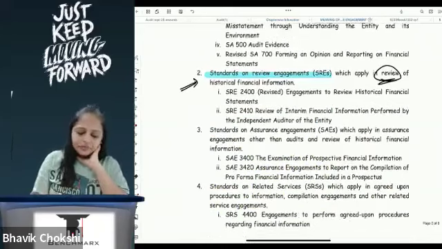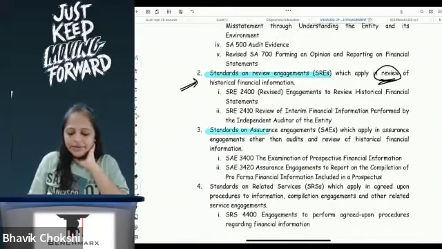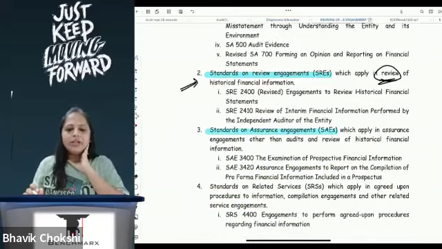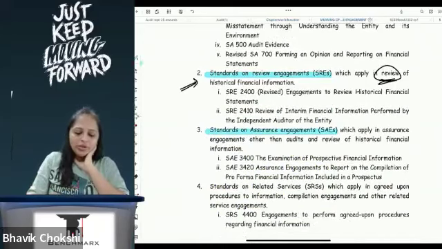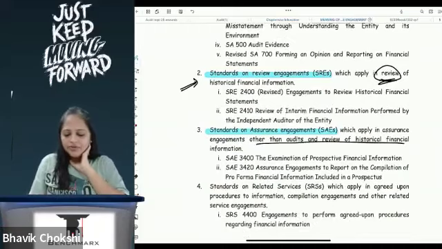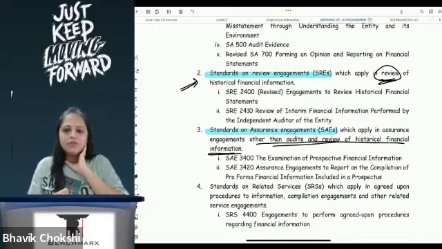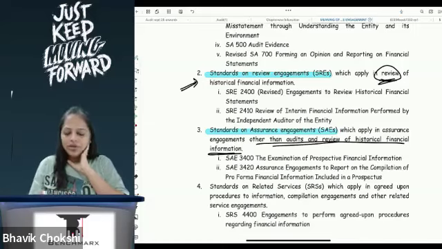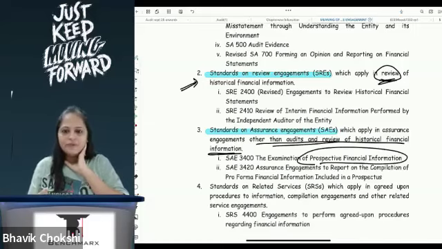Then you have standards on assurance engagements. Here you are talking about assurance engagements other than audit and review of historical financial information. When I say other than historical financial information, what am I talking about? I'm talking about prospective financial information.